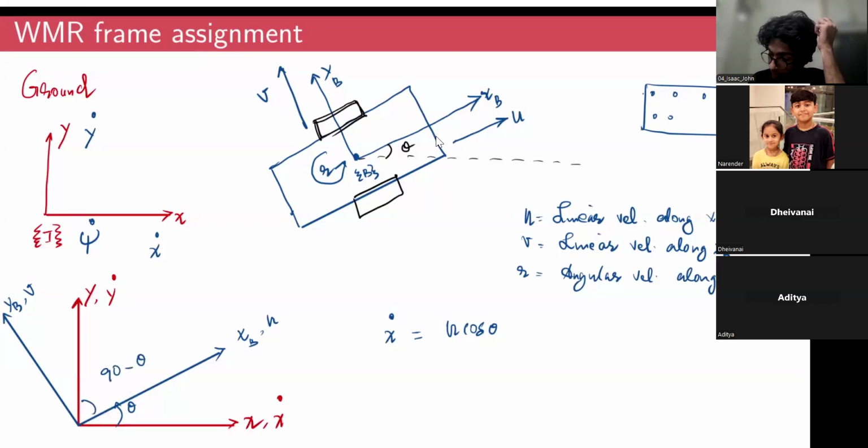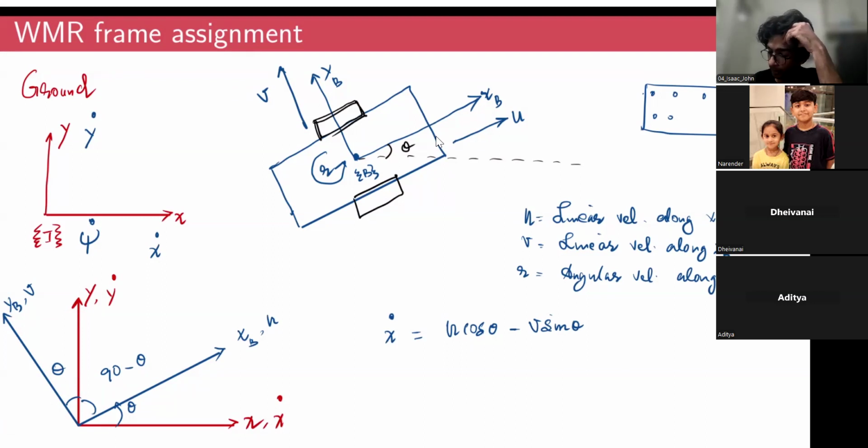And since this is 90 minus theta and the entire angle is 90 degrees, this would be theta, right? So the component of v along the x-axis is minus v sine theta. If you have any doubts, please let me know.